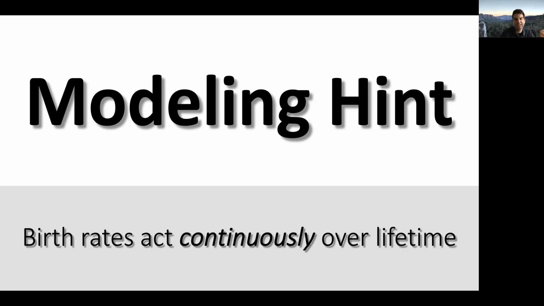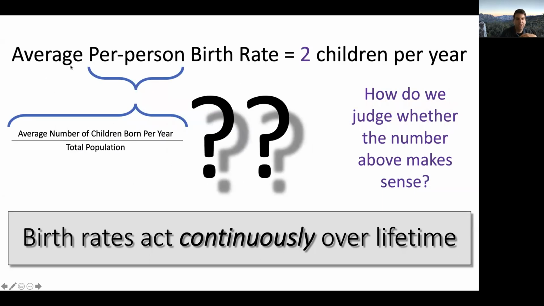As an example, in the model we need to model an average per person birth rate. Now, when you start thinking about how to put those numbers in, you might think to yourself, well, the average person who has children has 2 children. And so you might be tempted, under average per person birth rate, to put the number 2 there.